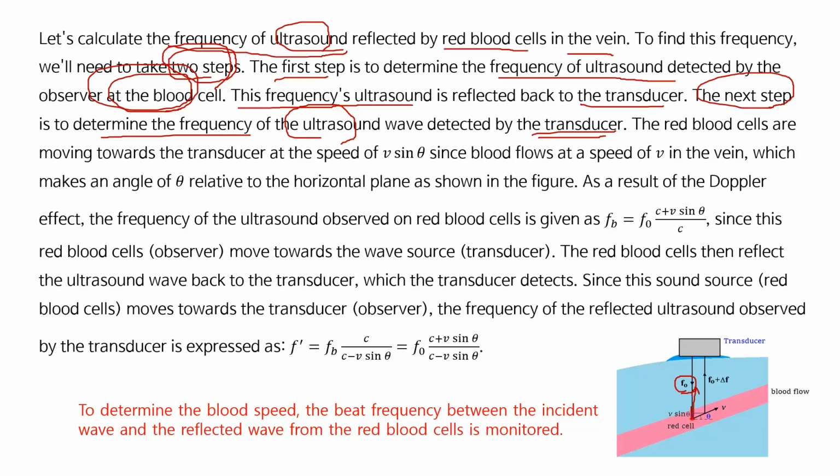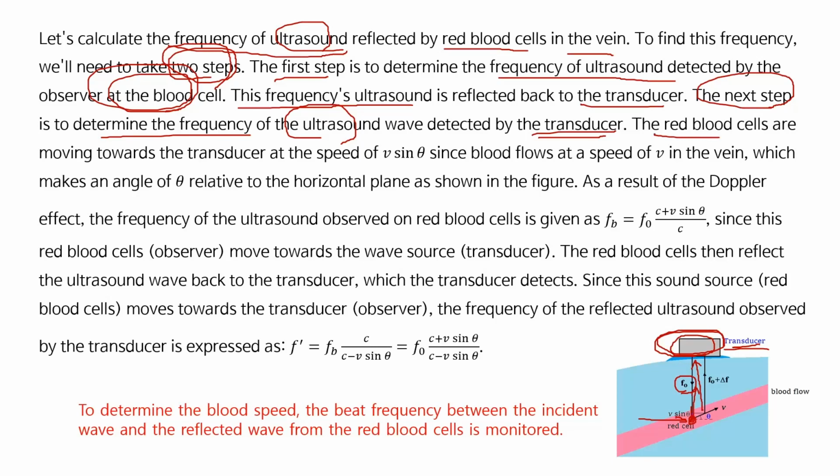So first step, we have to determine the frequency of the ultrasound observed at the site of the red cell, and then this frequency is backscattered to the transducer. Then we can determine the ultrasound wave detected by the transducer.